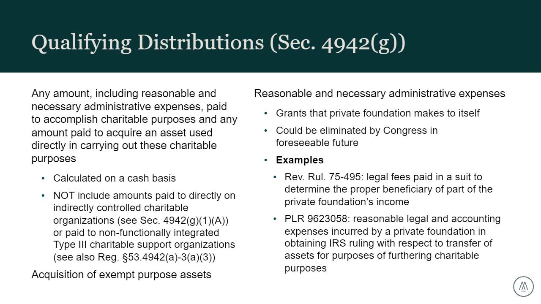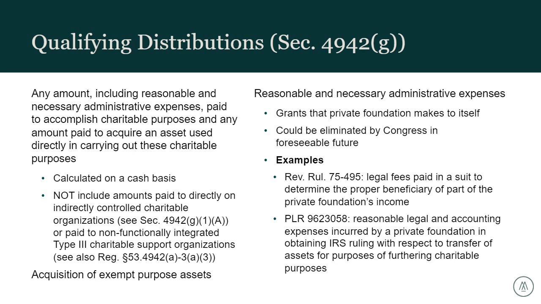Again, these are reasonable and necessary administrative expenses, or amounts that are paid for the acquisition of exempt purpose assets. As you look at your salaries expense, or legal or accounting, or those types of things that would be considered maybe a little more administrative in nature, as long as you're doing a reasonable allocation, the IRS does not have a bright line calculation for you on that.